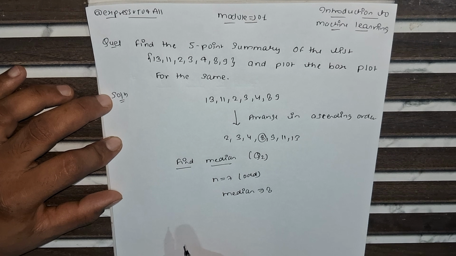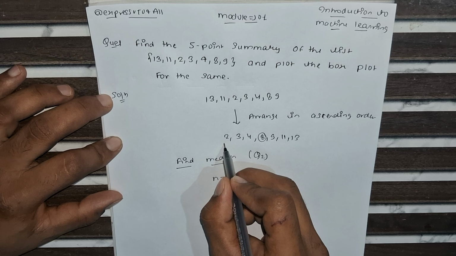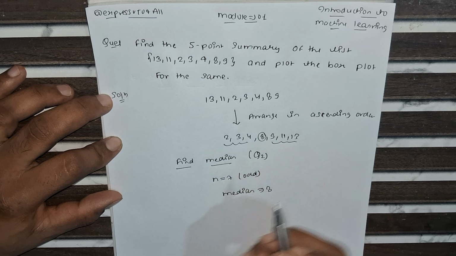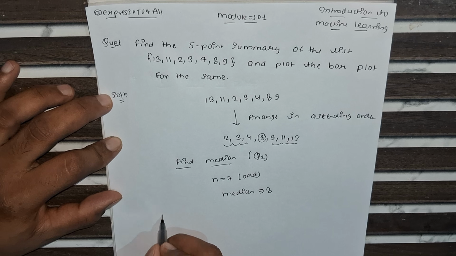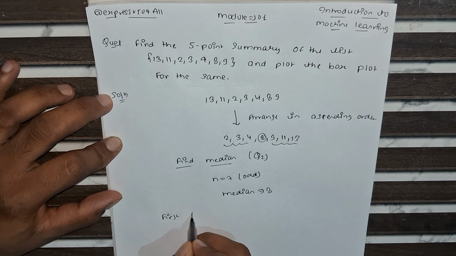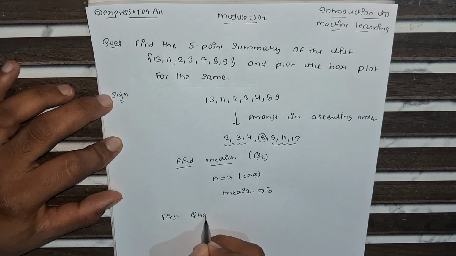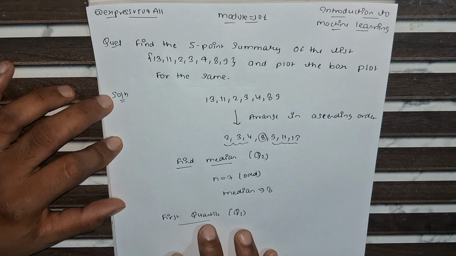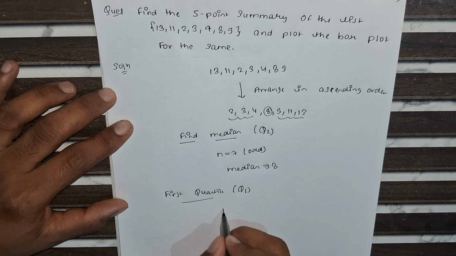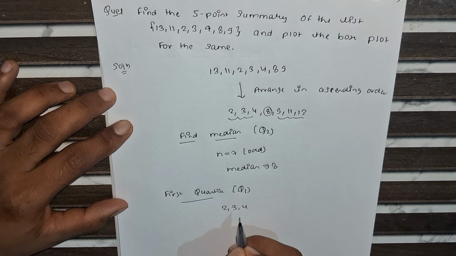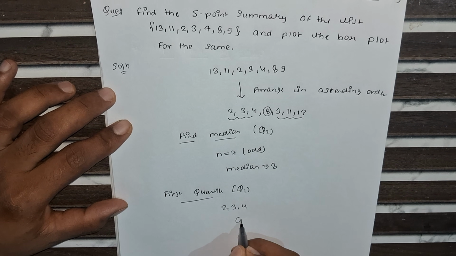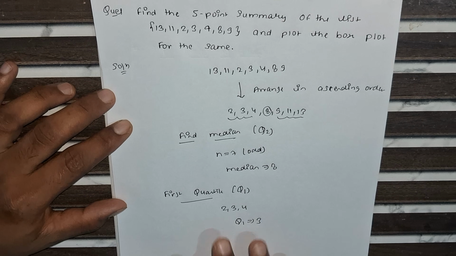Now what is our step 3? We have to find the first quartile. So this is our Q1, Q2, which is the median, and this is Q3. So now we have to find the first quartile, which is Q1. So 2, 3, 4. Now we can clearly see that this is also odd, so we can say that our Q1 is equal to 3.